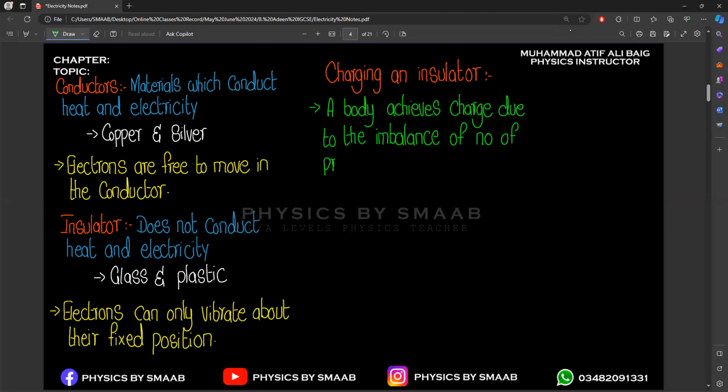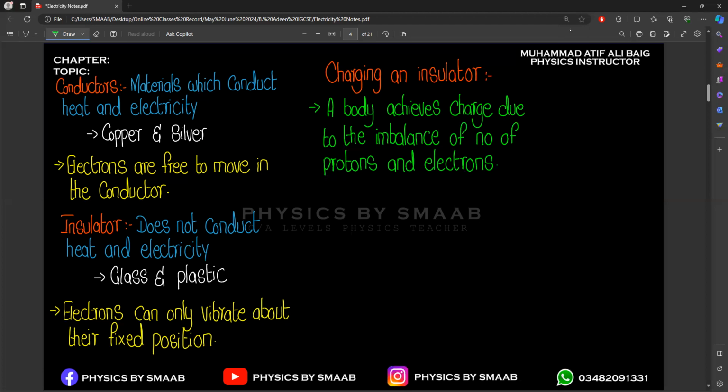So the concept is very simple. We know in the normal state the number of protons is equal to the number of electrons. But if there are not equal numbers of protons and electrons, then definitely the body will have a charge, like a greater number of protons or fewer protons, or if you compare with the electrons, there might be a greater number of electrons or fewer electrons, right?